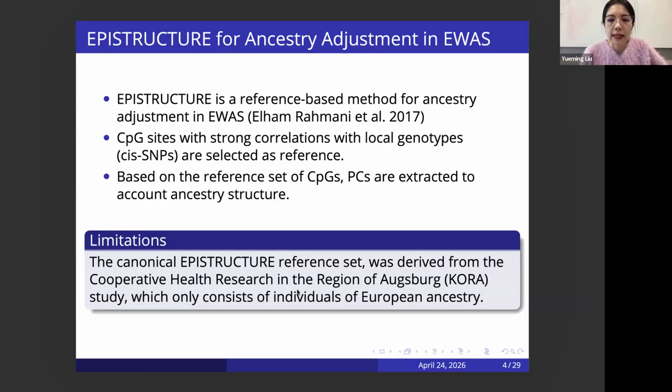Based on the reference set of CpGs, PCs are extracted to account for ancestry structure. One limitation here is that the canonical EpiStructure reference sets were derived from the Cooperative Health Research in the Region of Augsburg, the KORA study, which only consists of individuals of European ancestry.